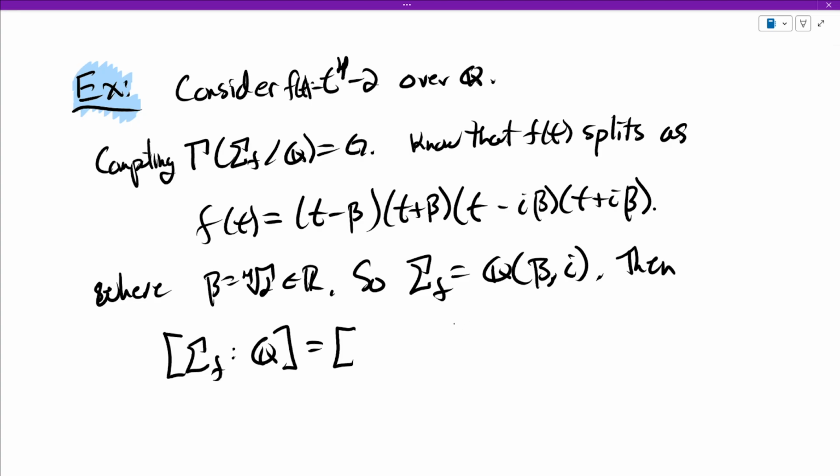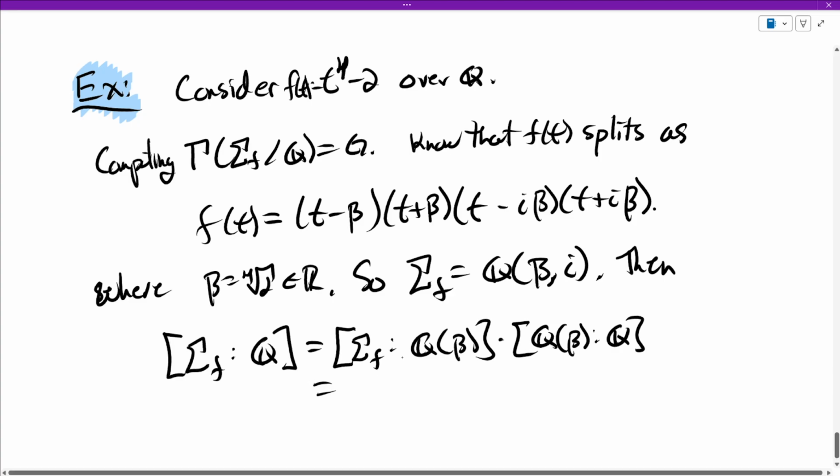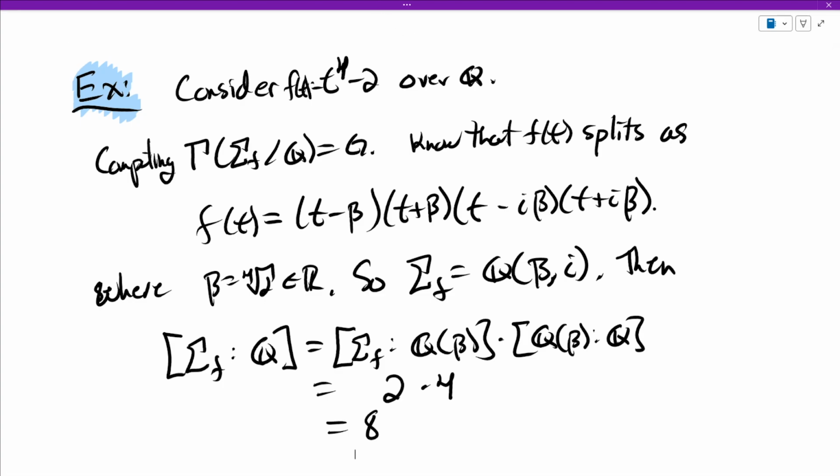So we are going to take Q adjoin beta and add in i to get to sigma f. And then, of course, we add in the fourth root of 2 to Q as well. So this second step, when we add in an i, is 2, and this first step is a 4. So our extension has degree 8. Okay. So we know that we should be looking for 8 elements of the Galois group.